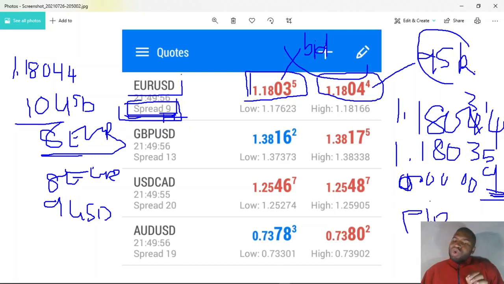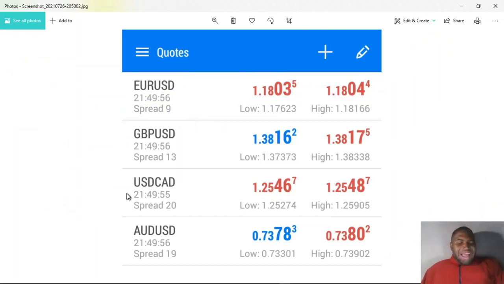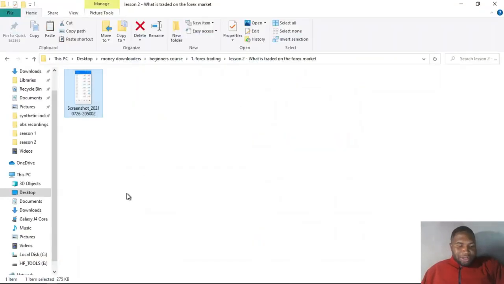Again, I'm not going to go into greater detail on the definitions of all these terms. Remember I said there's a lesson on these terms. So instead of quoting in terms of points, they will quote in terms of pips. But one thing that I just want you to know is that 10 points is actually equal to 1 pip. So in this case, 9 points is actually 0.9 pips.